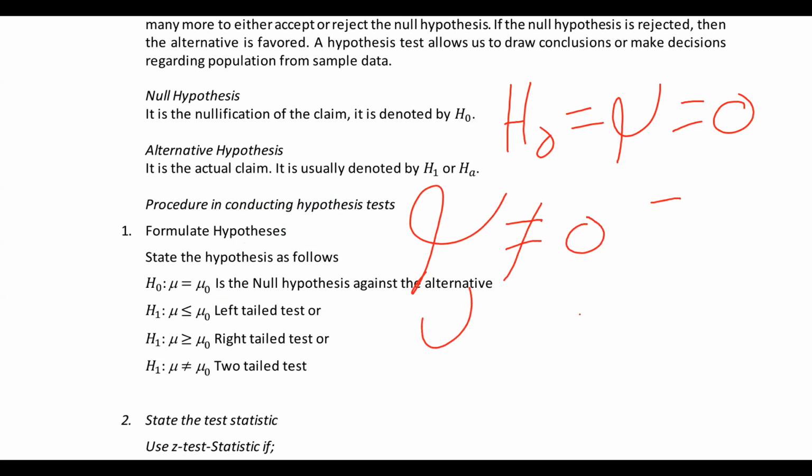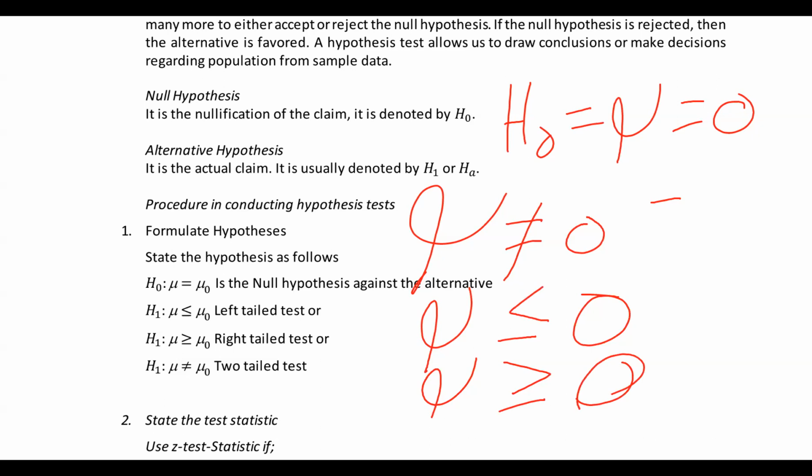Or you can say that mu is less or equal to 0, meaning less or equal to that particular number. This 0 is representing a certain value of the mean. Or mu is greater or equal to 0. All these are what we call the alternative hypotheses.